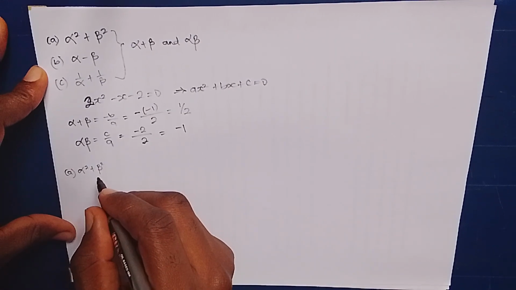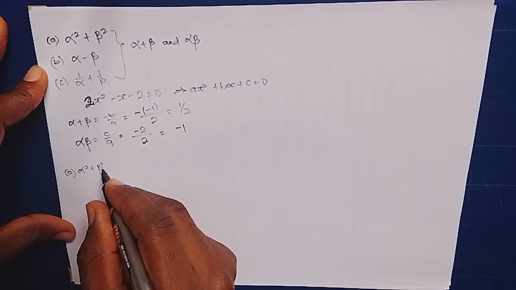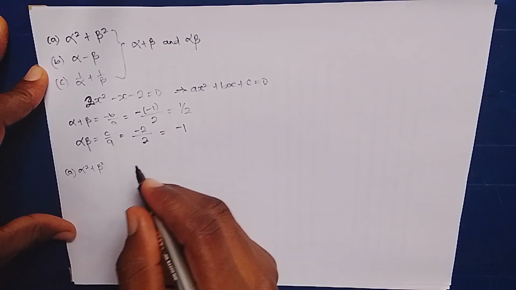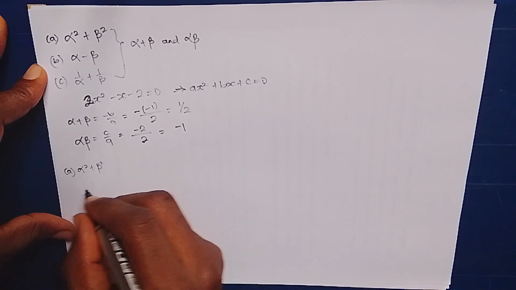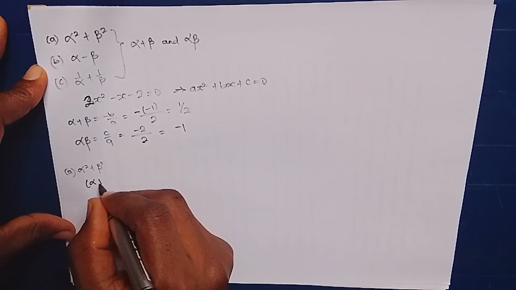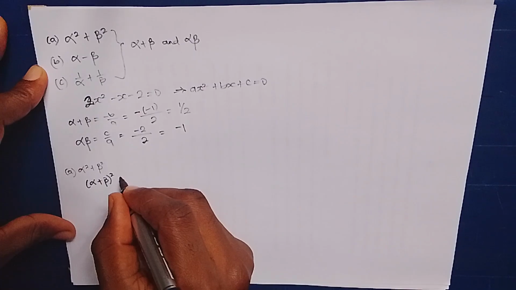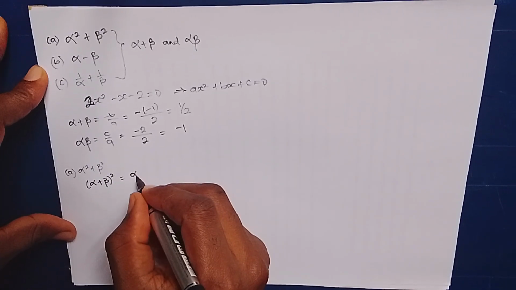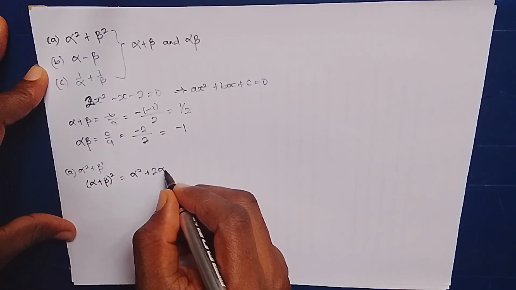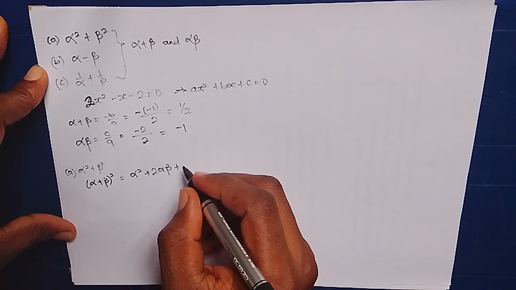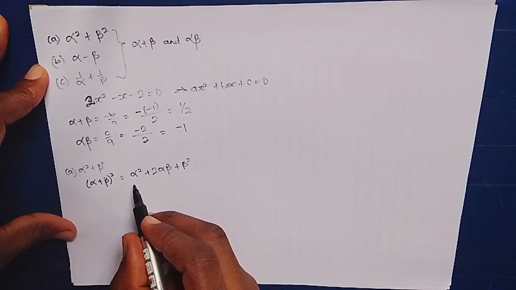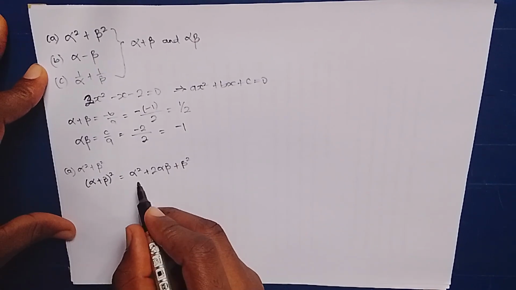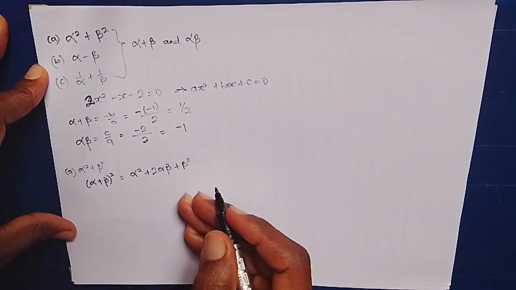Now, just like I said, we want to express this in the form of alpha plus beta and alpha times beta. How do we do that? We know that alpha plus beta all squared is equal to alpha squared plus 2 alpha beta plus beta squared. Now, remember what we are looking for is alpha squared plus beta squared.